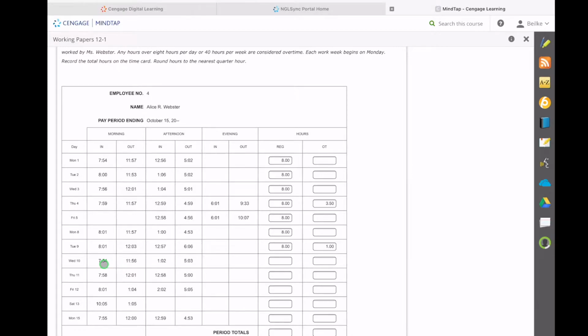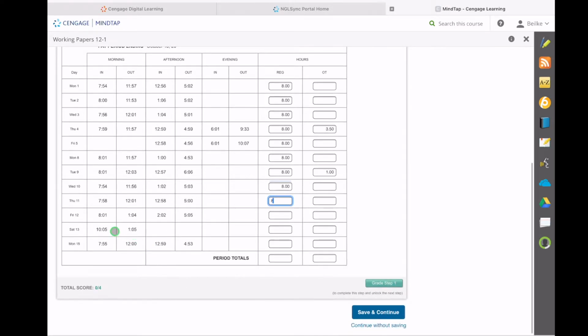Then we have from 8 to 12, 1 to 5. We'd have 8 hours. 8 to 12, 1 to 5, another 8 hours. And then Friday, 8 to 1, 2 to 5. So 8 to 1 would be 5, 2 to 5 would be 3 for a total of 8 hours.